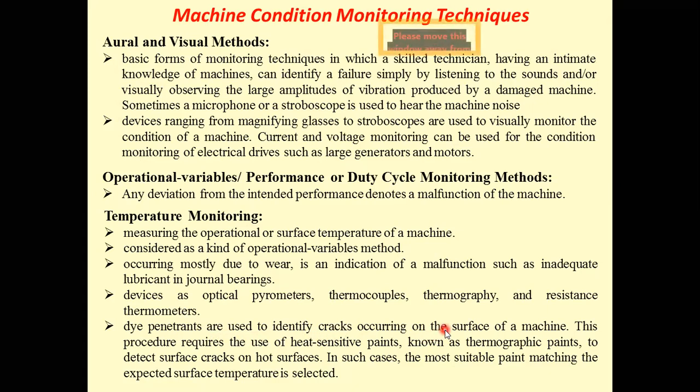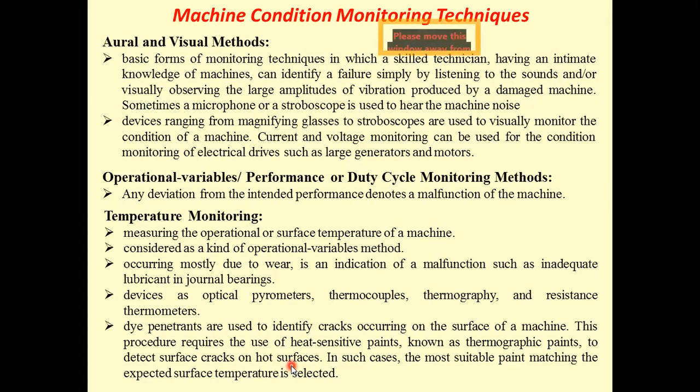This procedure requires the use of heat sensitive paints. Heat sensitive paints are known as thermographic paints. Heat sensitive paints or thermographic paints are used to detect the surface cracks on hot surfaces.